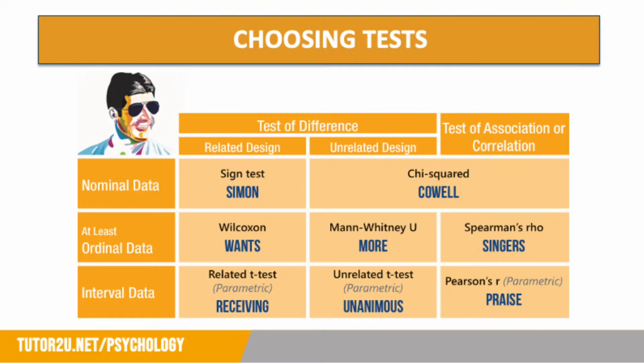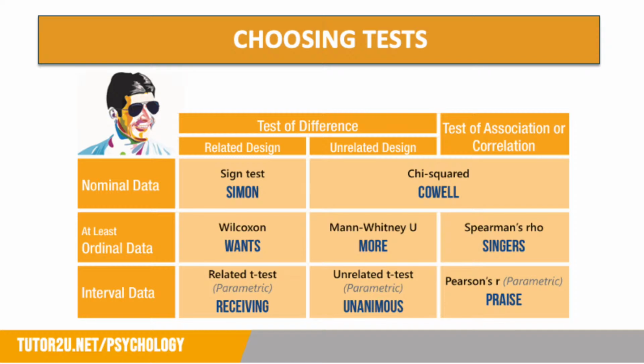And then the final thing to think about, if it's a test of difference, is what is the experimental design? Is it a related design? By related design, that means is it matched pairs or repeated measures, where one score is somehow related to another score? Or is it an unrelated design, so independent groups, because again, that's going to take you to a different point in that table.